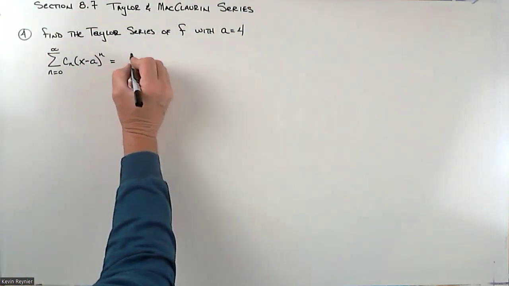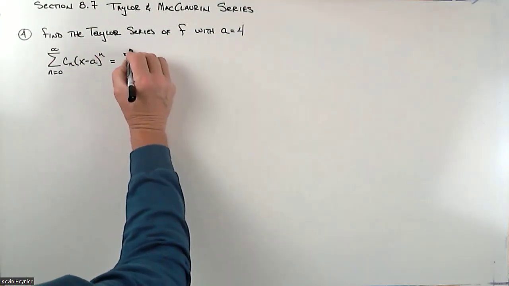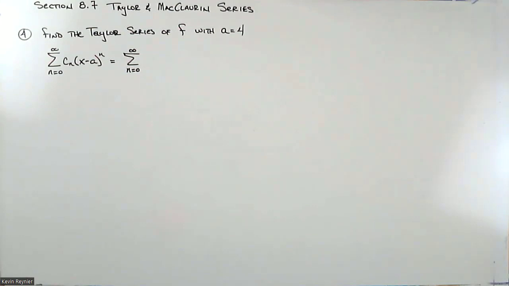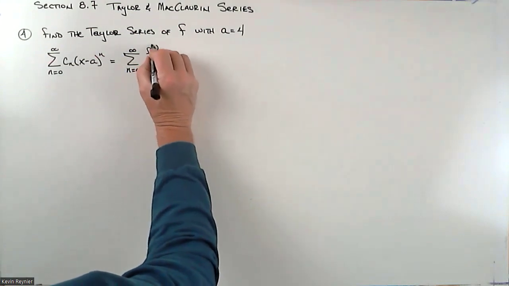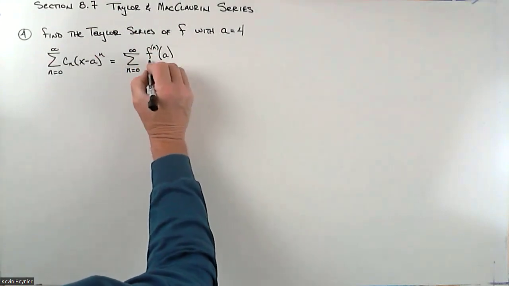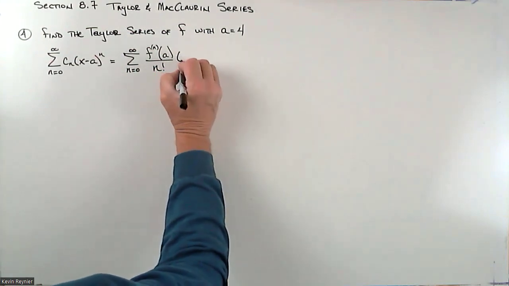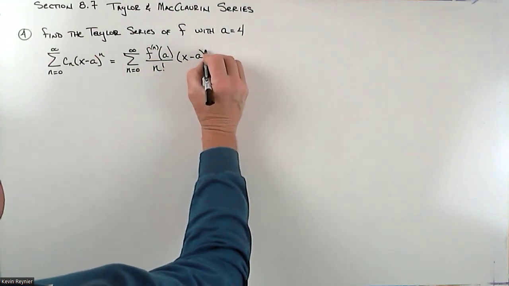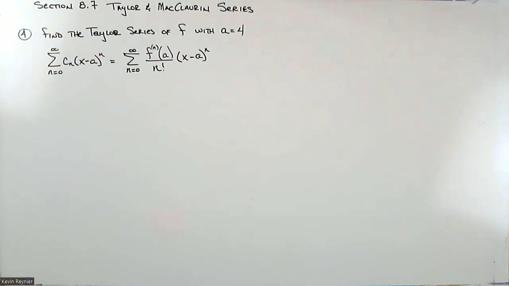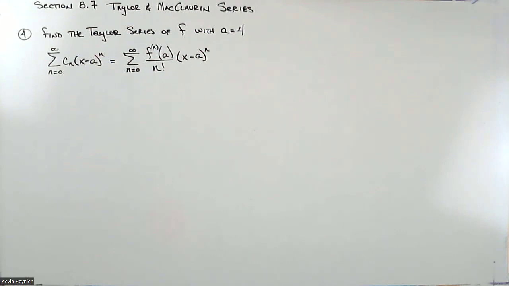And we learned that our coefficients, when we did the work, we discovered that our coefficients are of the form of the nth derivative evaluated at a over n factorial, and then we have x minus a to the n, right? And our radius of convergence, of course, is going to be absolute value of x minus a is less than r.